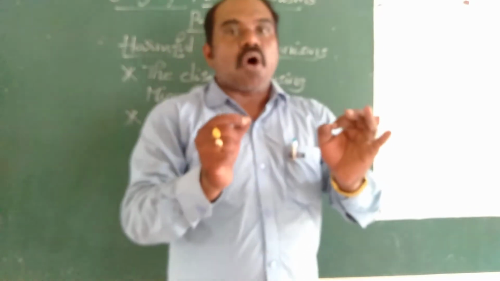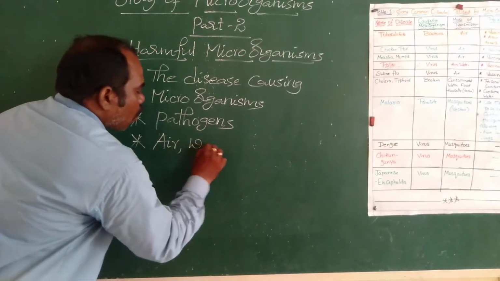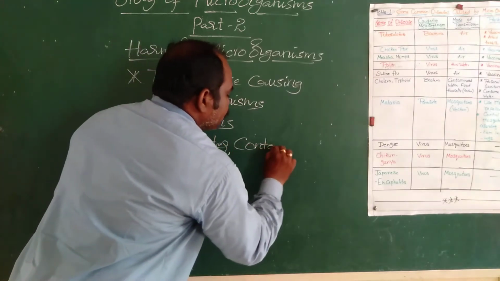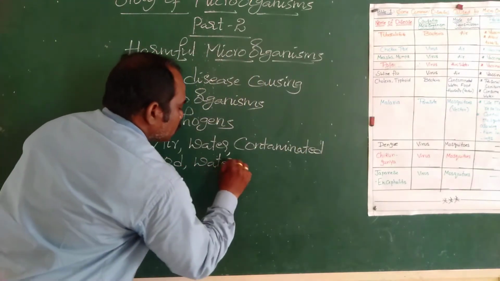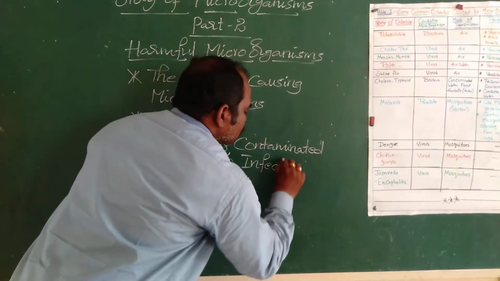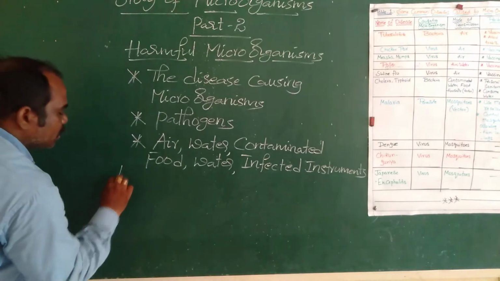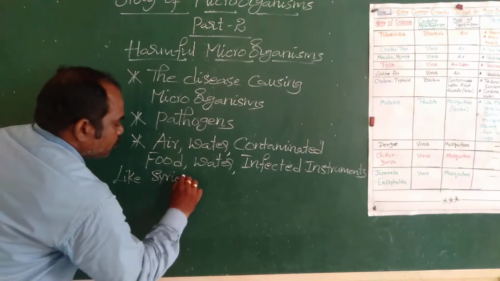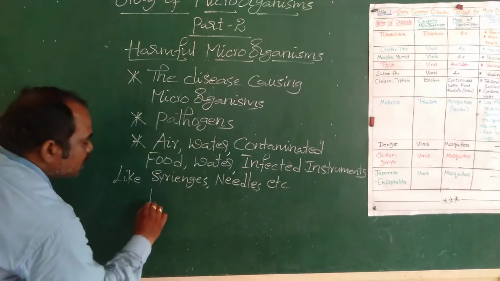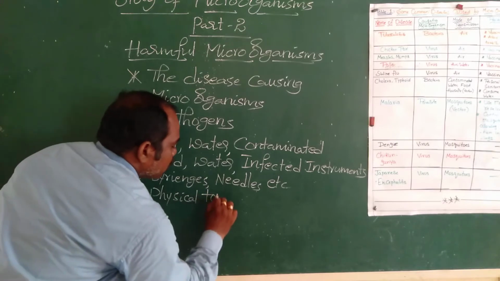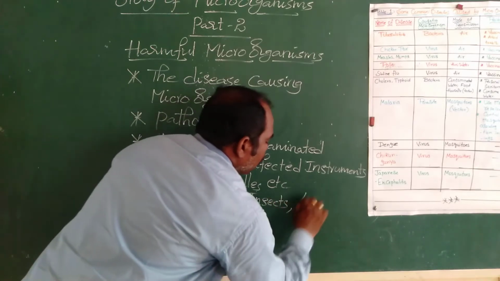Pathogens or disease causing microorganisms enter our body through air, water, contaminated food, water, infected instruments like syringes, needles, etc., physical touch, insects, and some of the animals.